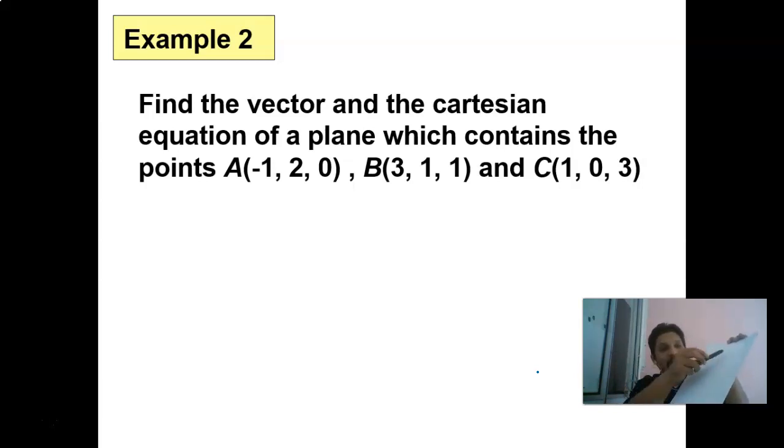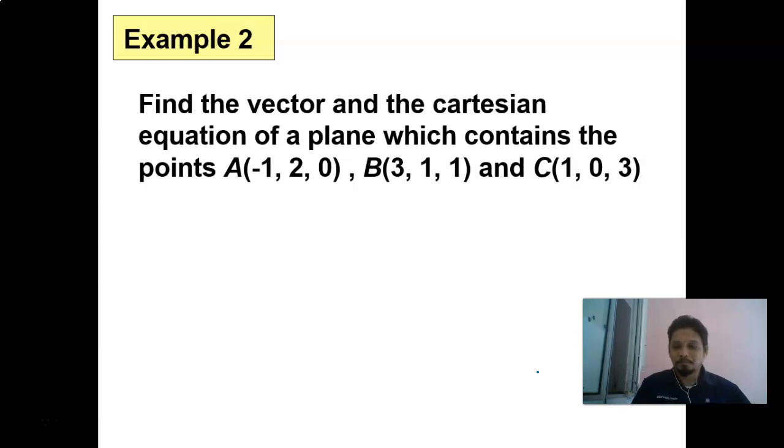Now, the plane contains the coordinates of A, B, and C, and we are going to form the new vector n, the normal, passing through this plane. It might be at the position of A, or B, or C. It can be in any of these three positions.